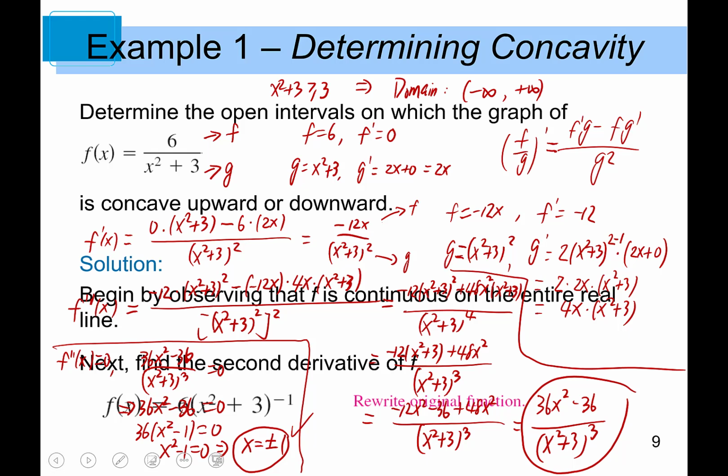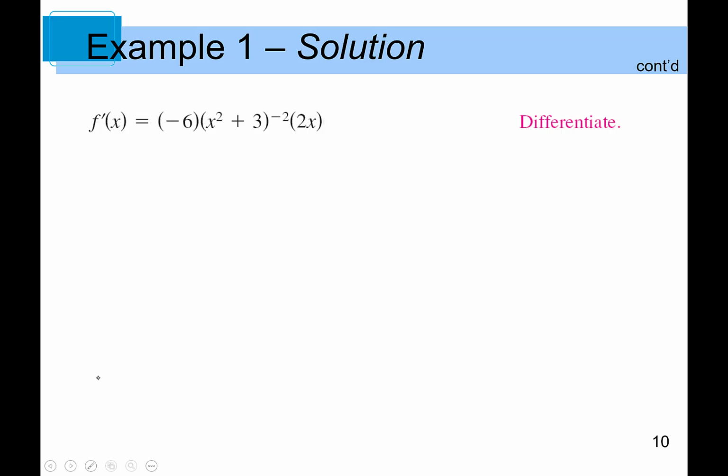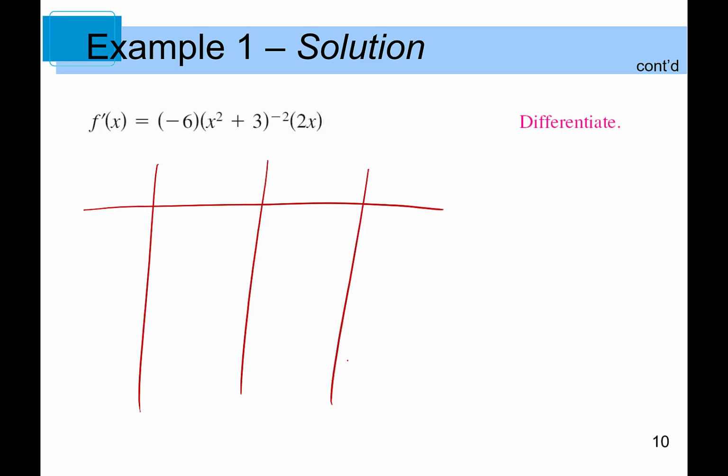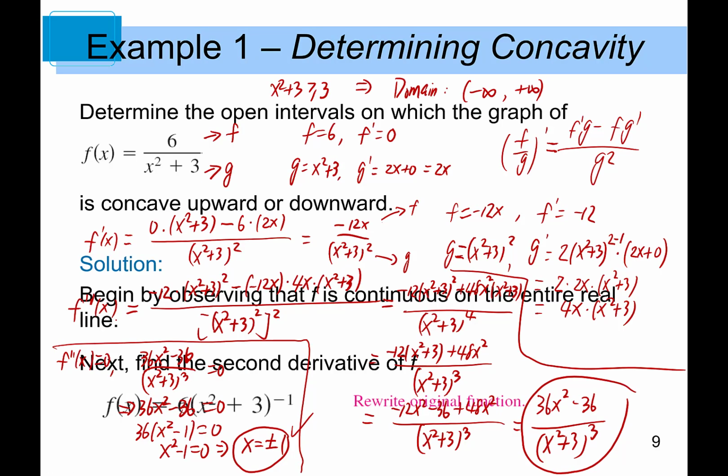Once you have that, then we can start to create a table and start testing, right? So we're going to create a table. So start with the test interval. From negative infinity to the x values, which are plus or minus 1.